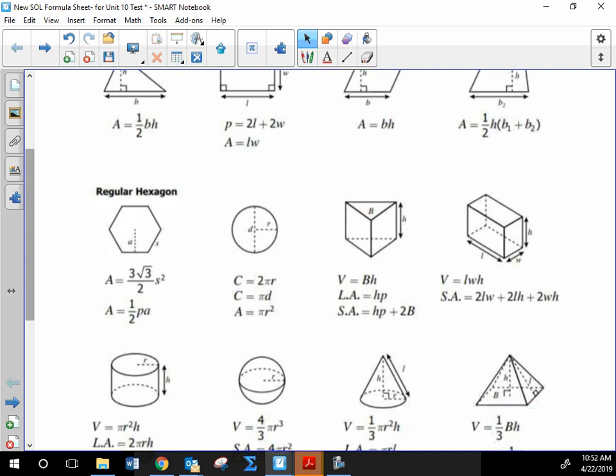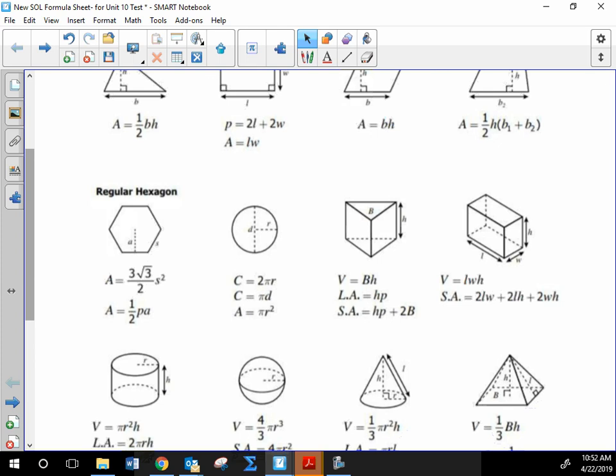And they technically have that here. They just wrote it as PA rather than AP. But know that that's not only for a regular hexagon, that's for any regular polygon. It's true for regular hexagon, it's just true for any regular polygon. So it's technically there, but you need to recognize it's for anything, not just a hexagon.